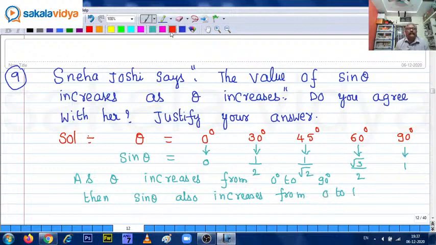So therefore, yes, I agree with Sneha. Yes, I agree with her. You need to justify the answer like this.